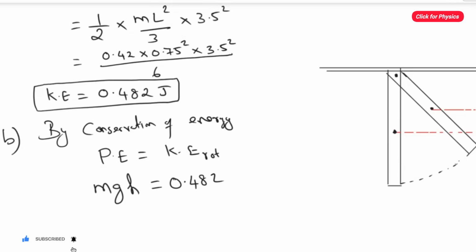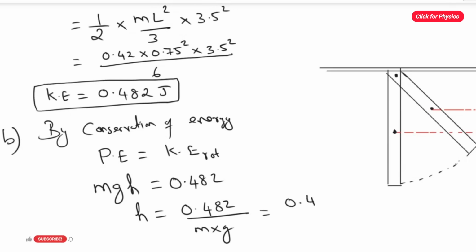So I can use the value of the kinetic energy, which is 0.482. Now we have to find the value of h, therefore h is equal to 0.482 divided by the mass multiplied by gravity. Here the mass value of the rod is given as 0.42 kilogram and the g value is 9.8. So 0.482 divided by 0.42 multiplied by 9.8.